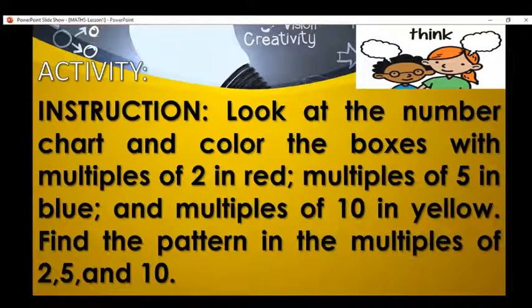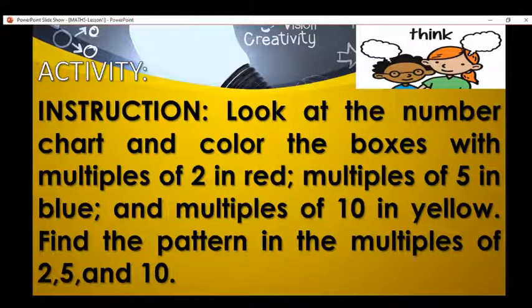Okay, I guess all of you are done writing our aim for today. We'll have our activity. This would be your instruction. Look at the number chart and color the boxes with multiples of 2 in red, multiples of 5 in blue, and multiples of 10 in yellow.